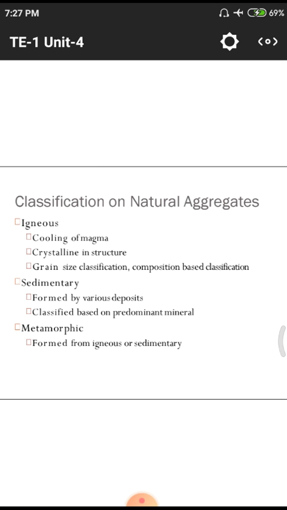Igneous means normally at a huge amount of temperature. Normally we are having these volcanoes. It means volcanoes will eject some quantity of magma when there is a blasting.